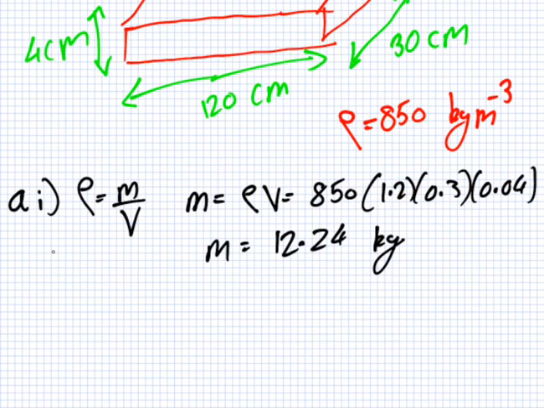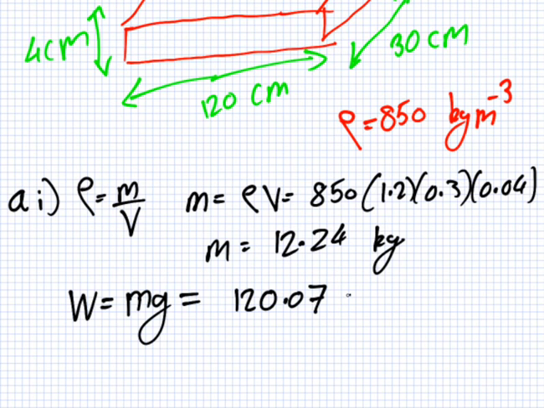So, what's the formula for weight? mg. So that would equal 120.07, which is equal to 120 newtons. Yeah?